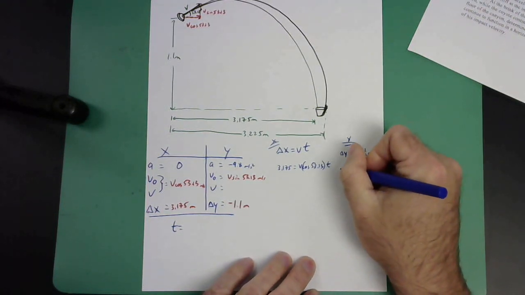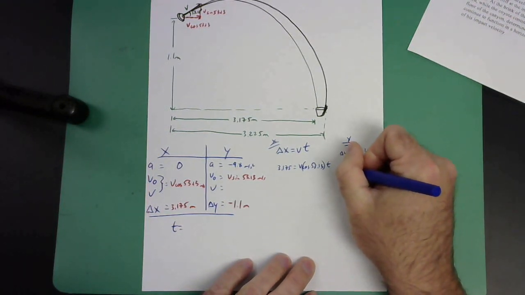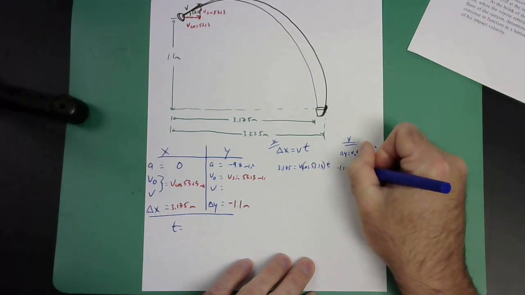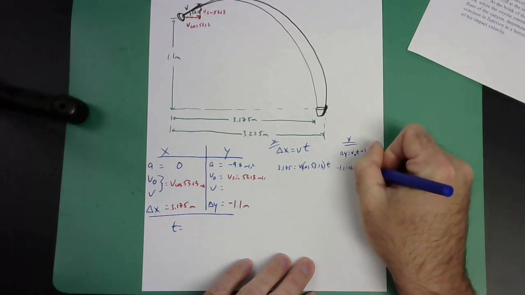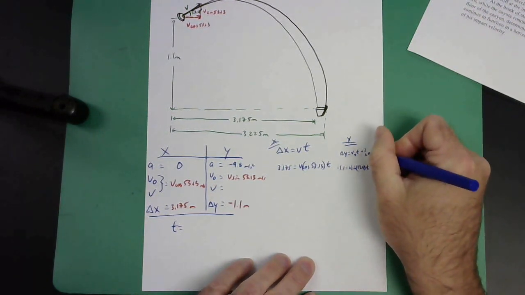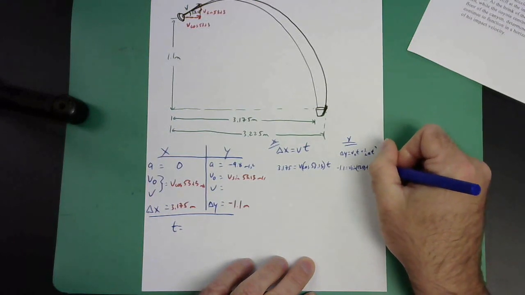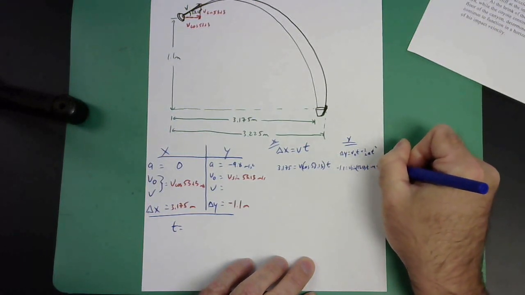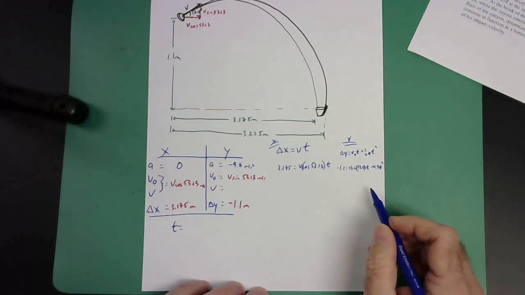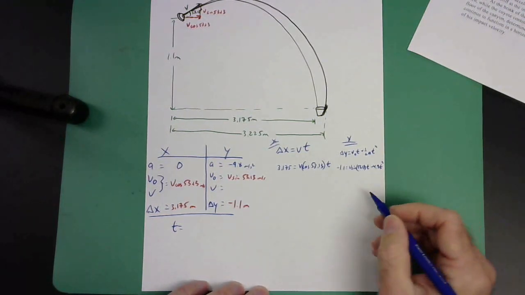So I'm going to have the equation minus 1.1 equals v sine 53.13 times time, and then half of negative 9.8, I'm going to do minus 4.9 t squared. All right. See, I just barely squeezed that in there, and you can almost read what it says, so that's pretty good.